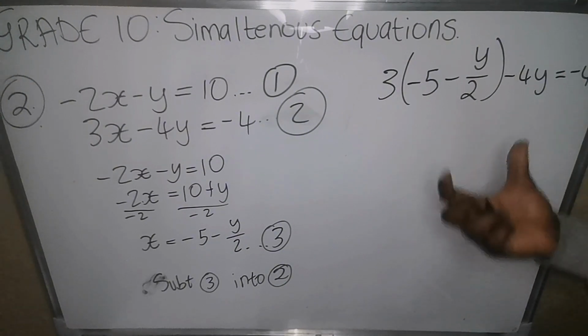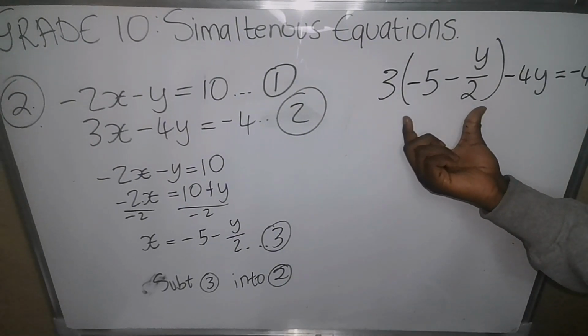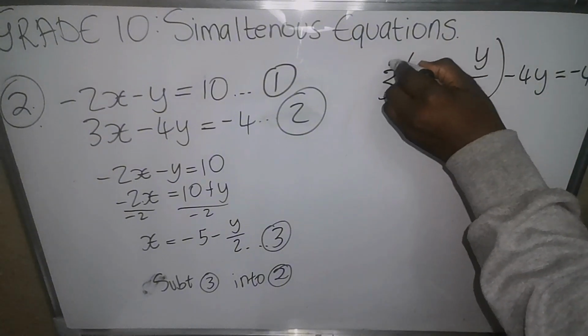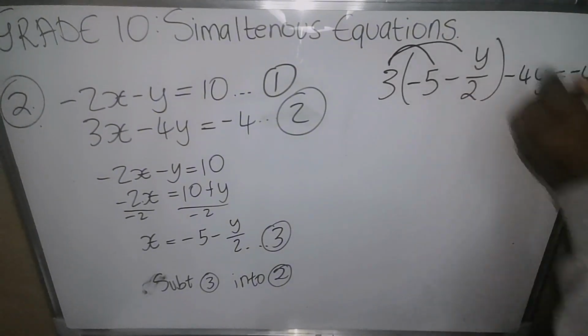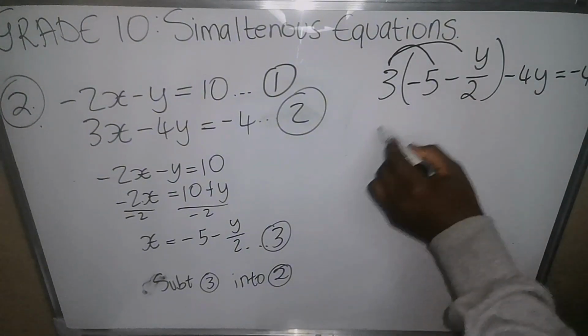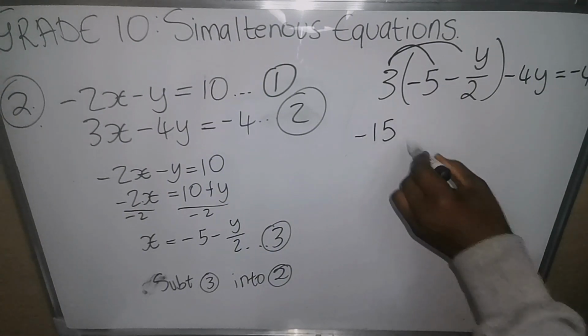Now, to simplify y here, you must remove this bracket. How do you remove this bracket? This 3 is going to multiply negative 5 and multiply negative y over 2. 3 times negative 5 is negative 15.